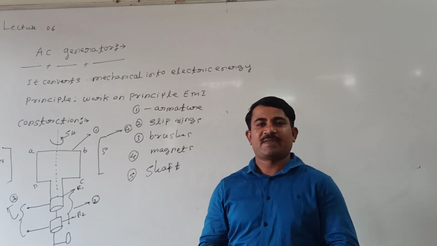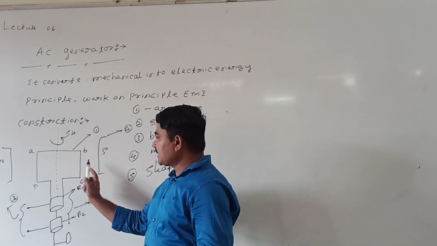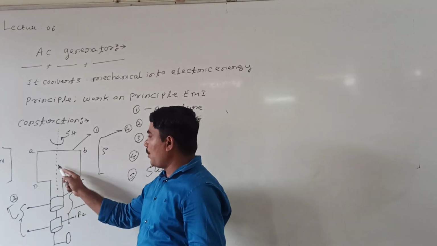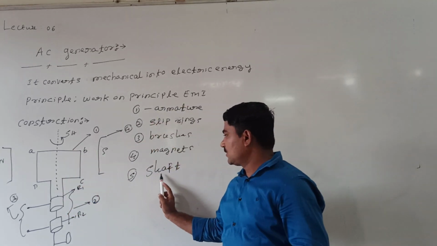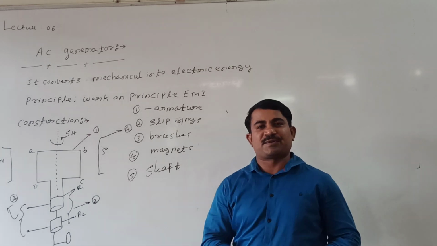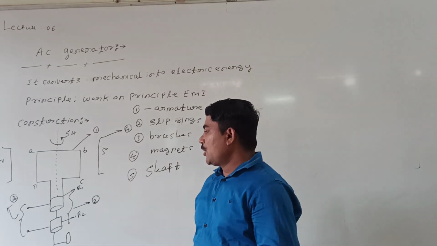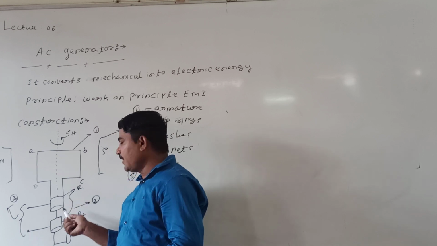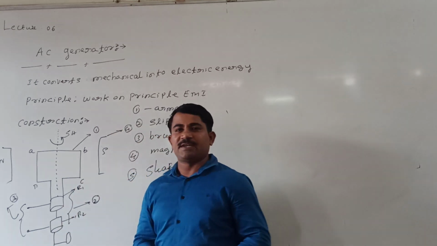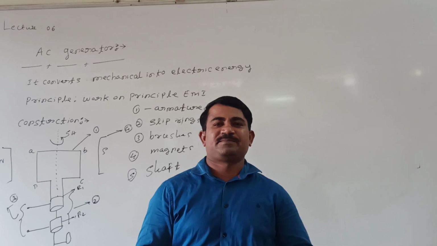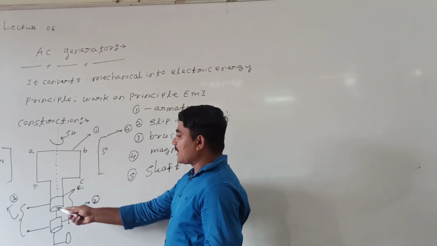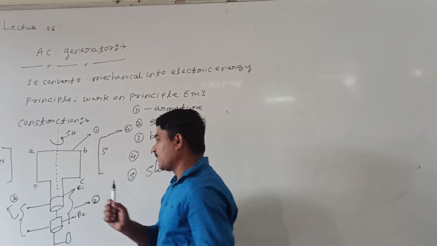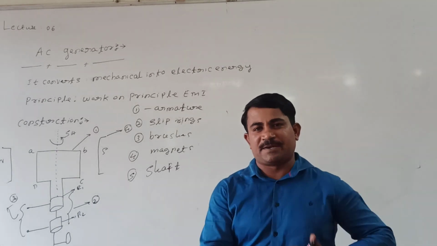Two slip rings along with the armature are supported by a shaft. And two carbon brushes are permanently fixed at the end of R1 and R2. It indicates the rotation of the coil. Across these carbon brushes, output can be obtained.